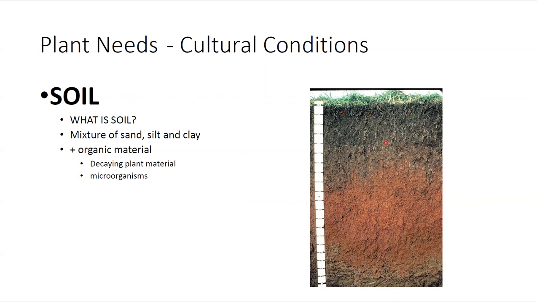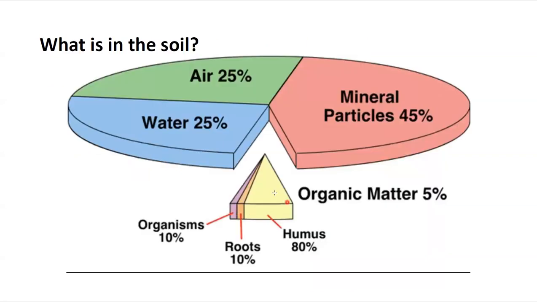And then the other 50% are the solids, being 90% of that 50 the sand, silt, clay, the minerals, and then the other 10% of that full 50, if we consider that 100, would be the organic matter, and that is split between humus, roots, and organisms.